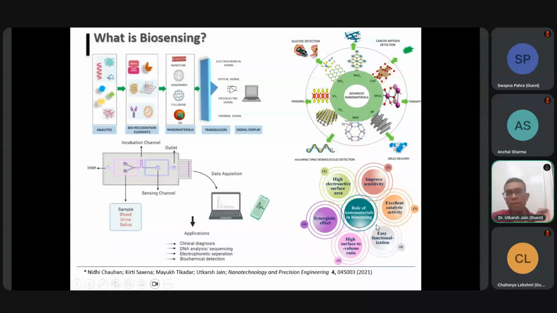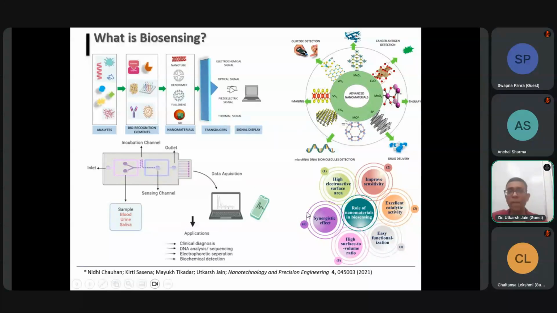To give you an answer, nanomaterials are very effective when I want to enhance and amplify the electrochemical signal.